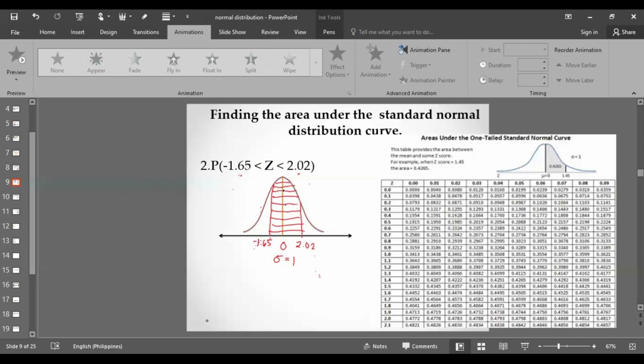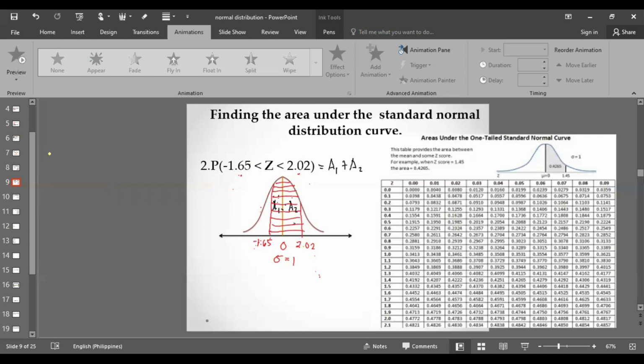Again, since the area of interest straddles the mean, the shaded region passes through the mean, so there will be two regions, A sub 1 and A sub 2. And when the shaded region passes through the mean, we must perform addition for us to get the area. So we have to get the sum of A sub 1 and A sub 2.